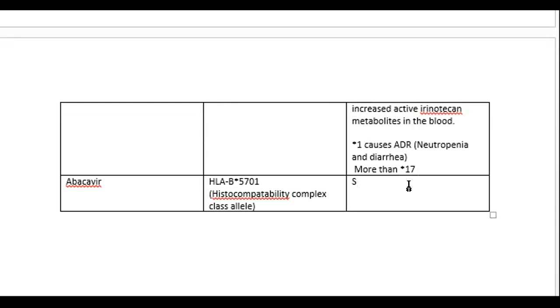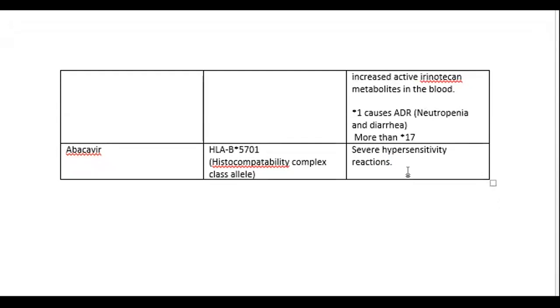These histocompatibility complexes think of abacavir as foreign, and they react with it and cause severe hypersensitivity reactions. And there are still many others.